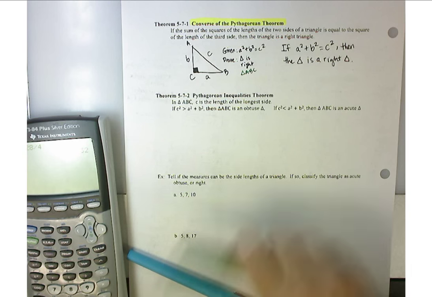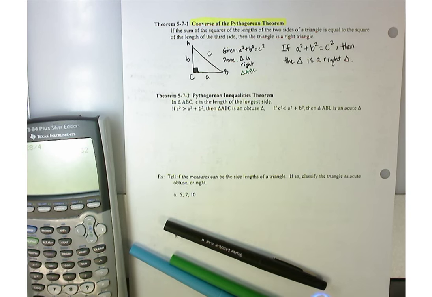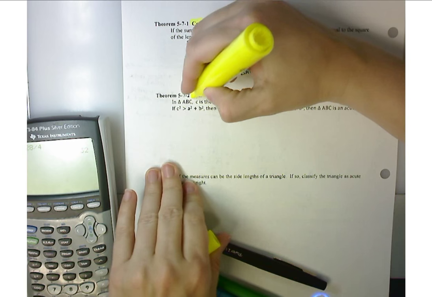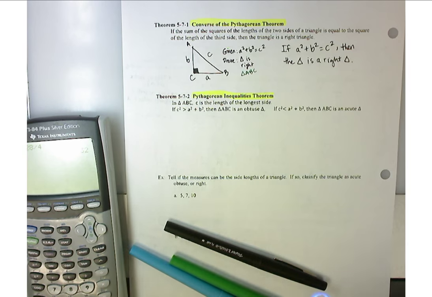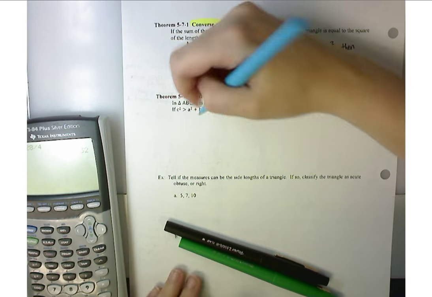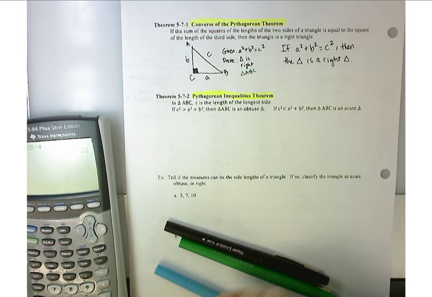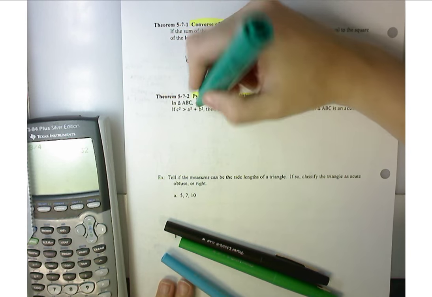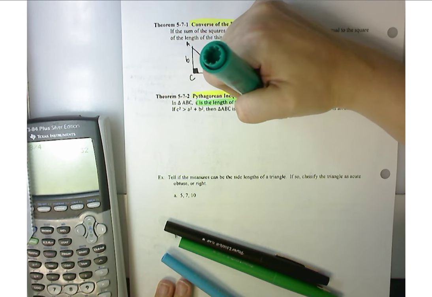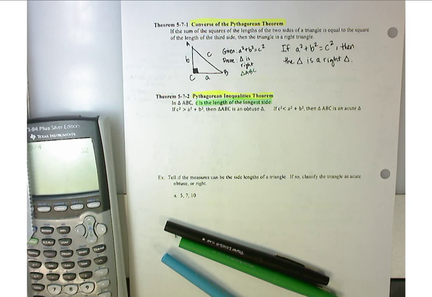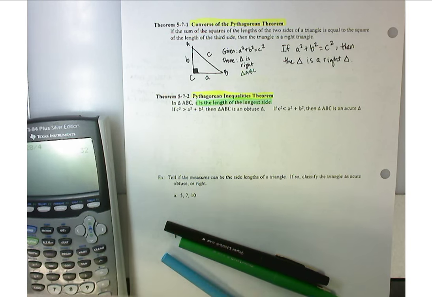Okay, and then the next thing we have is the Pythagorean Inequalities Theorem. So in triangle ABC, it says C is the length of the longest side. And then we have two different equations here.